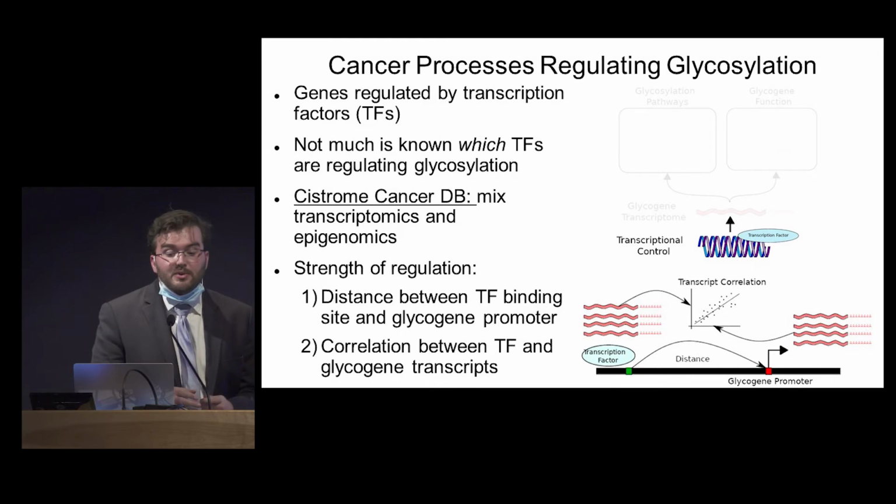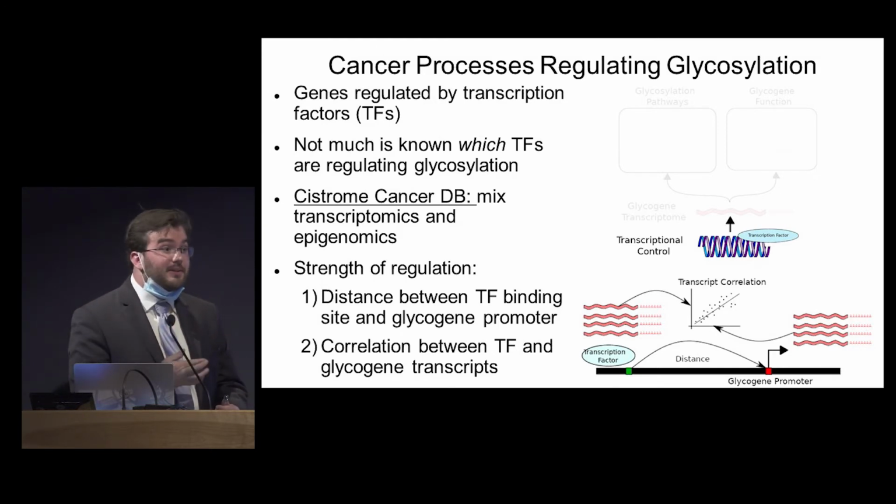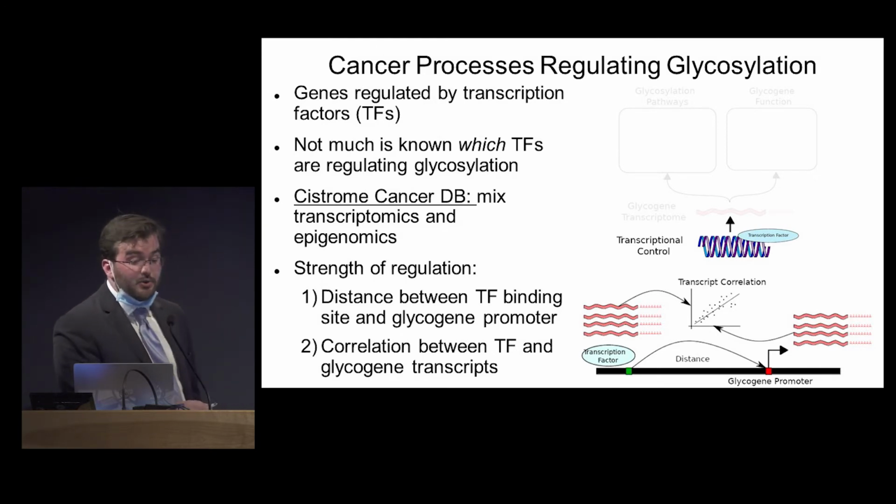So in order to help us do this, we've taken data from other databases which have integrated transcriptomic data and epigenomic data. On the bottom here, I'm sorry if it's hard to see, but what this Cistrome Cancer database is doing is measuring the strength of a transcription factor's ability to regulate a gene by measuring how far away it is from the glycogene it's regulating, as well as measuring how correlated the transcripts are.